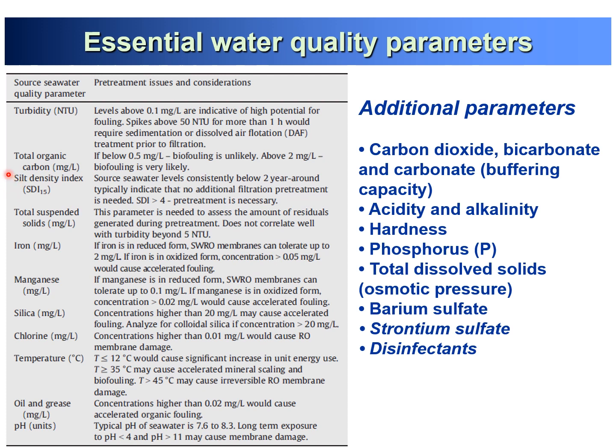So silt density index, SDI 15. Source seawater levels consistently below 2 year-round typically indicate that no additional filtration pretreatment is needed, and SDI more than 4 means pretreatment is necessary. So what exactly is the meaning of SDI?